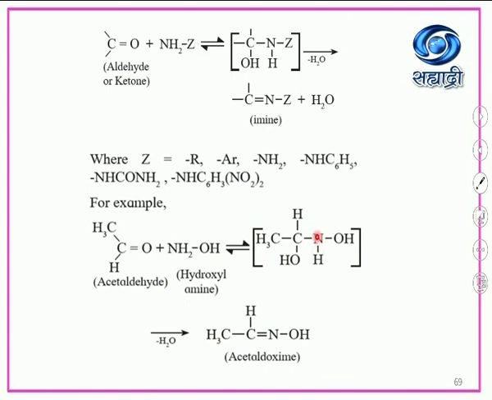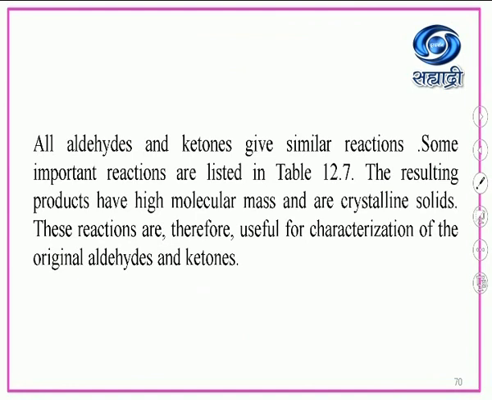In your textbook there is a printing mistake for this structure: the carbon should be attached to one hydrogen, but the hydrogen is not given in your textbook. Please, everybody, make a correction in your textbook for this example and this reaction only. After elimination of the water molecule, you will get CH3CH C double bond N OH, that is acetaldoxime.